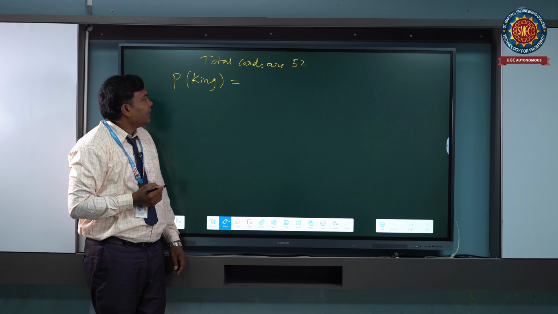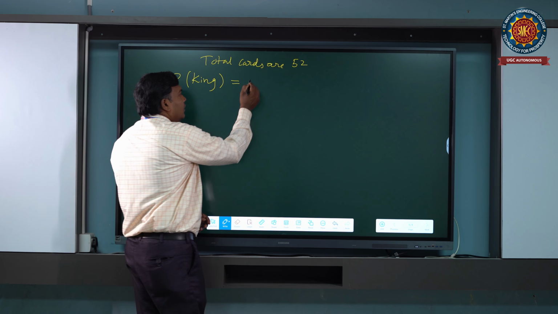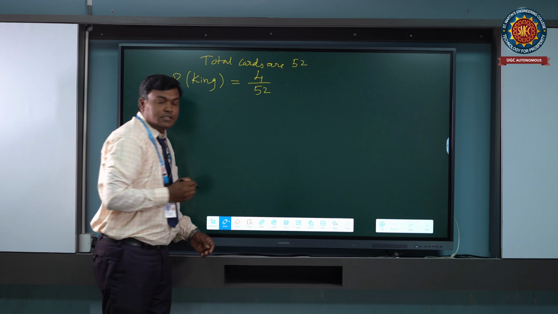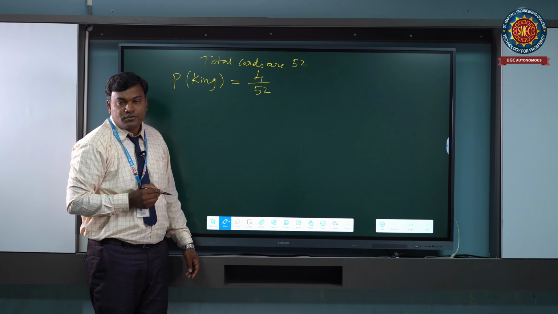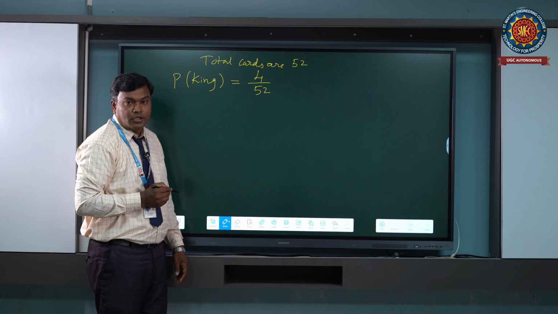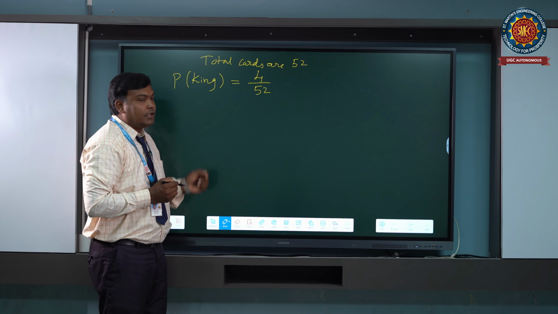In this deck of 52 cards, there will be four kings, with different shapes and labels. This is the probability of getting a king card.